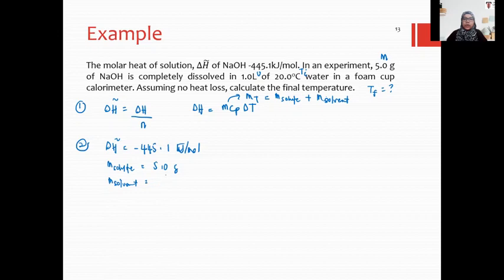We don't have the mass of solvent, but we have the volume of solvent, which is 1 liter. So we need to determine the mass of solvent.